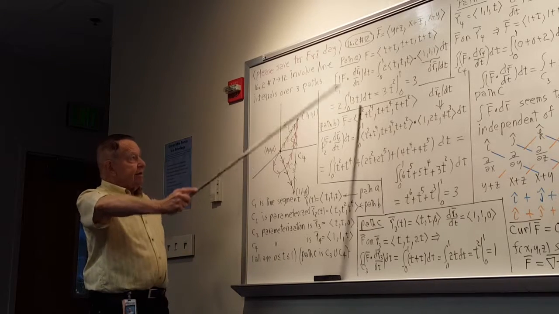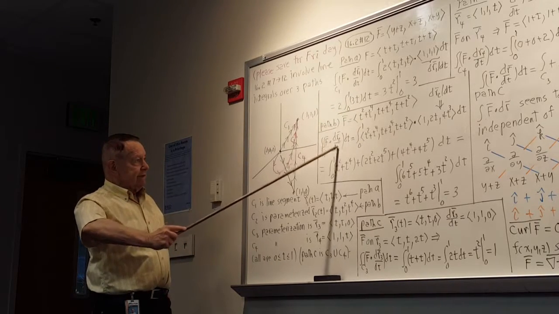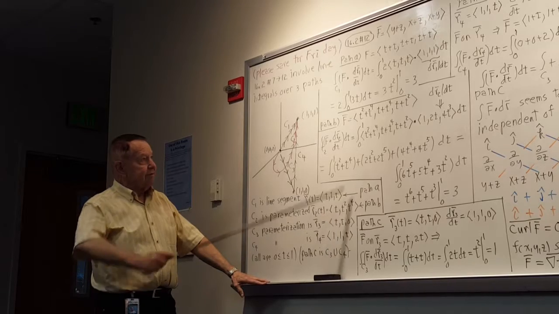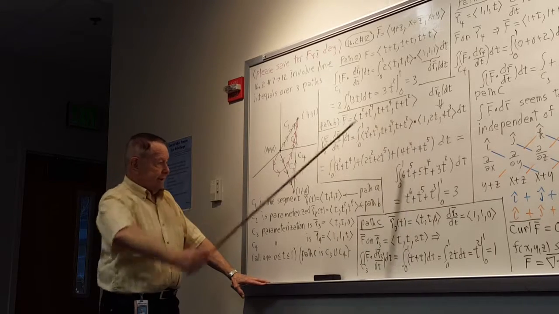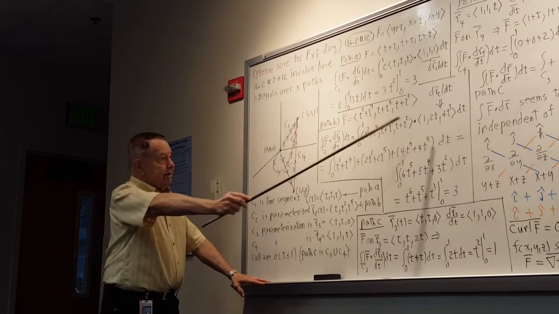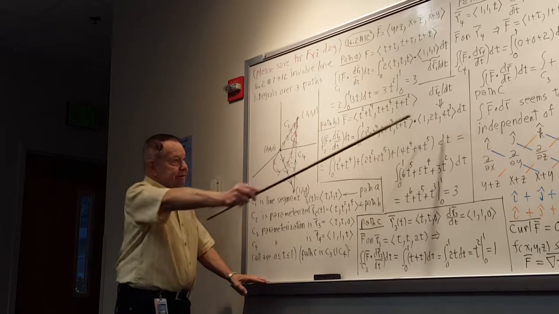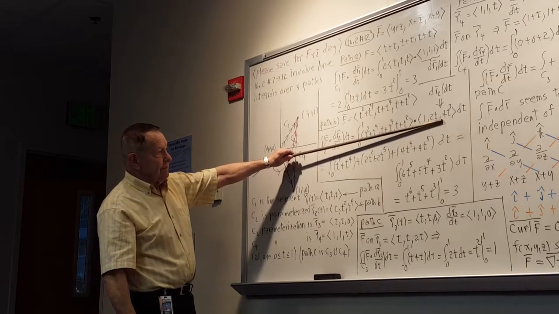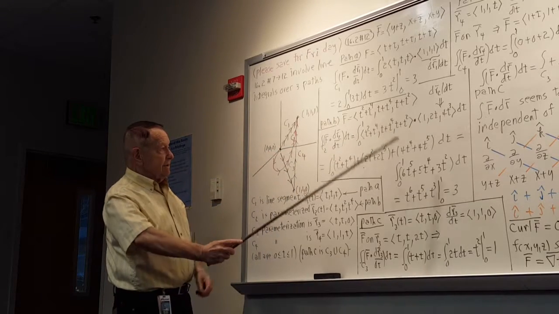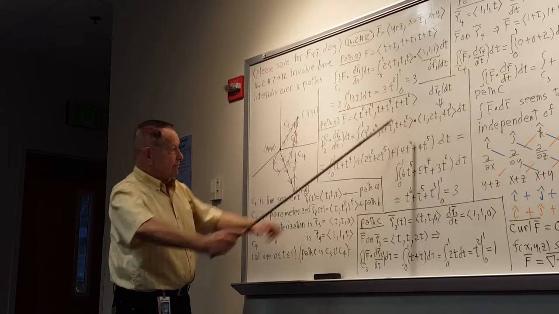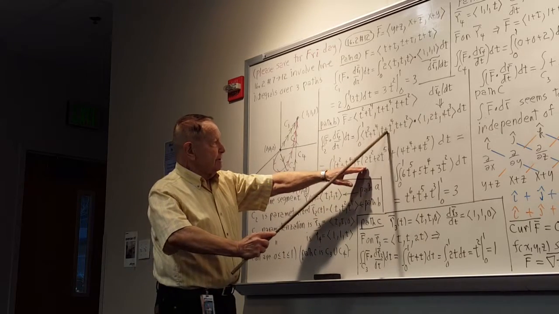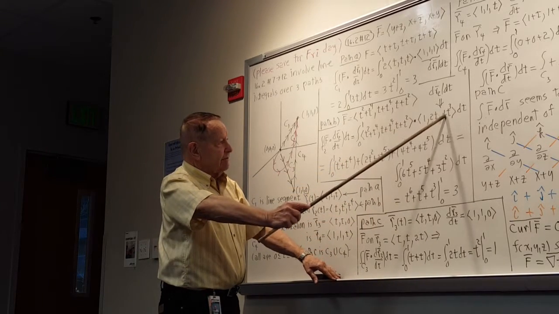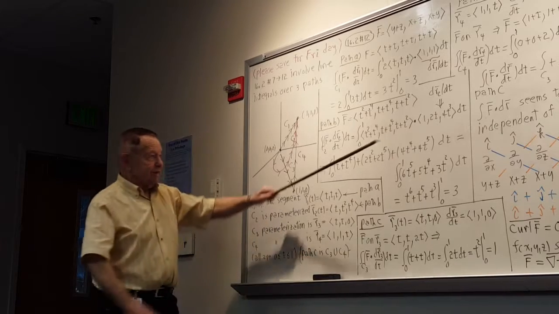And then I need the dr2/dt. So again, here's my r2. I do the derivative, and so I have the 1. And then from t squared, I have 2t, and from t to the fourth, I have 4t cubed. And then I dot this out. So I have t squared plus t fourth times 1, and then I have t plus t fourth times 2t, and then I have t plus t squared times 4t cubed. Okay?